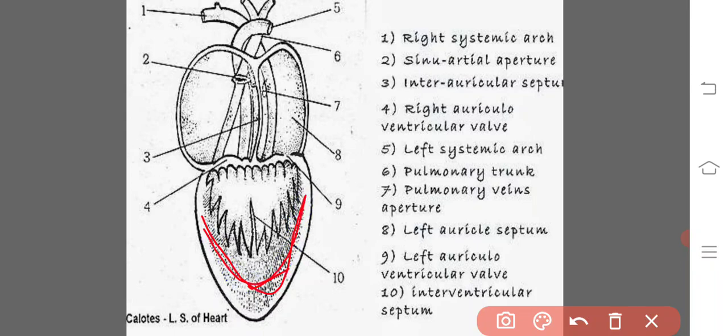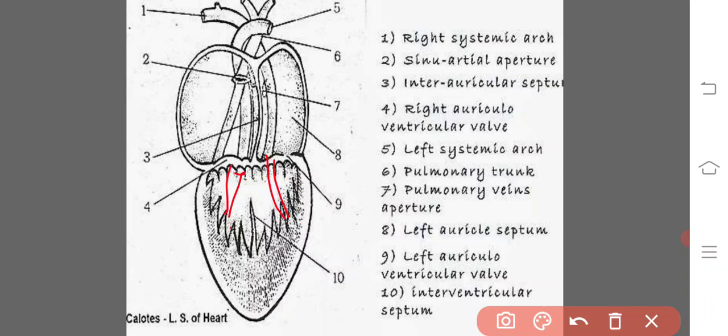The thick muscles. There are bunches of thread-like non-elastic fibers made up of collagen fibers called the chorda tendineae, by which the valves are attached to the columnae carneae. For example, these are the valves and they get connected to the columnae carneae.